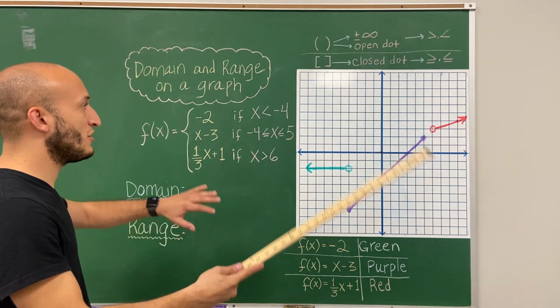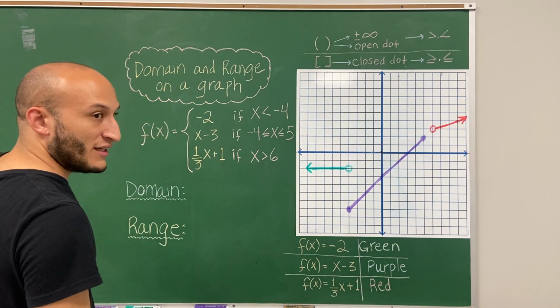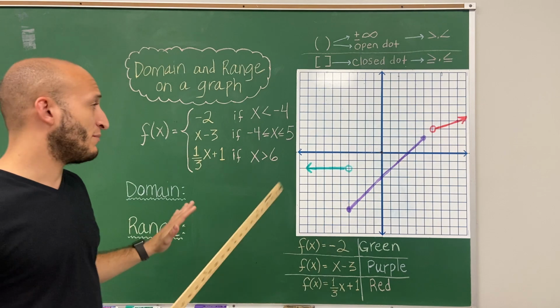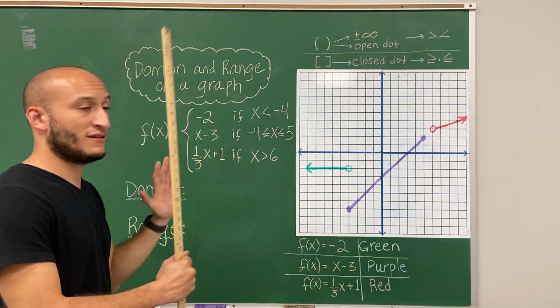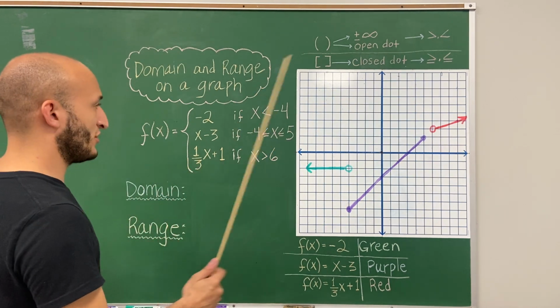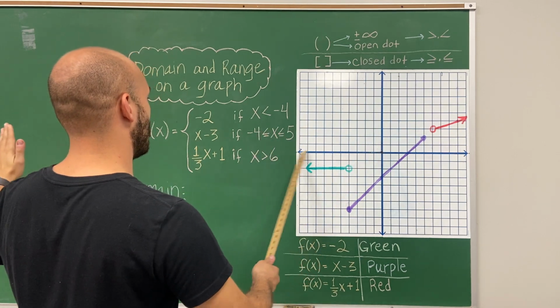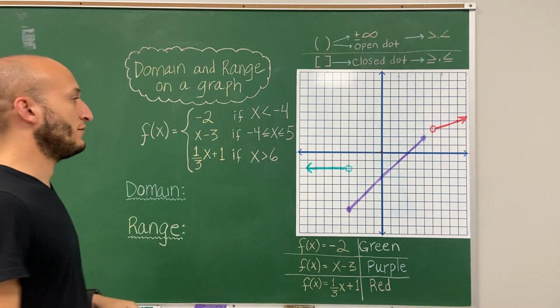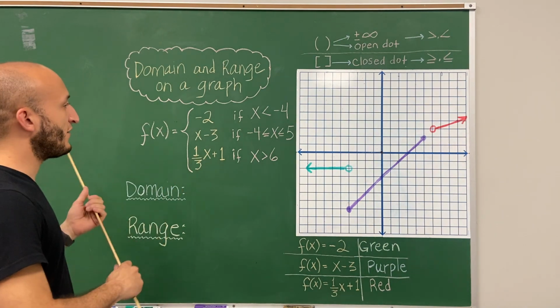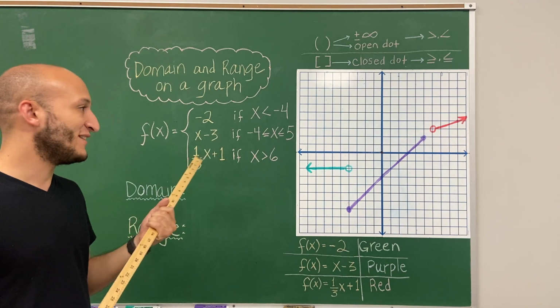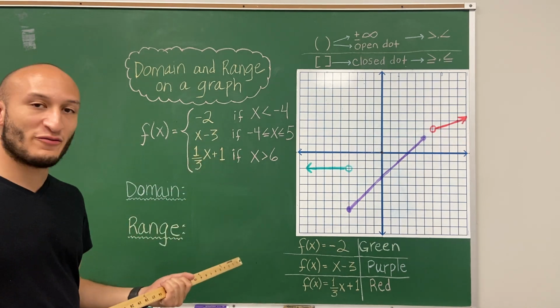So if I were to go towards negative infinity, remember the best way to do it is going from least to greatest. So just like we read from left to right, my values on my x to the left would be negative.